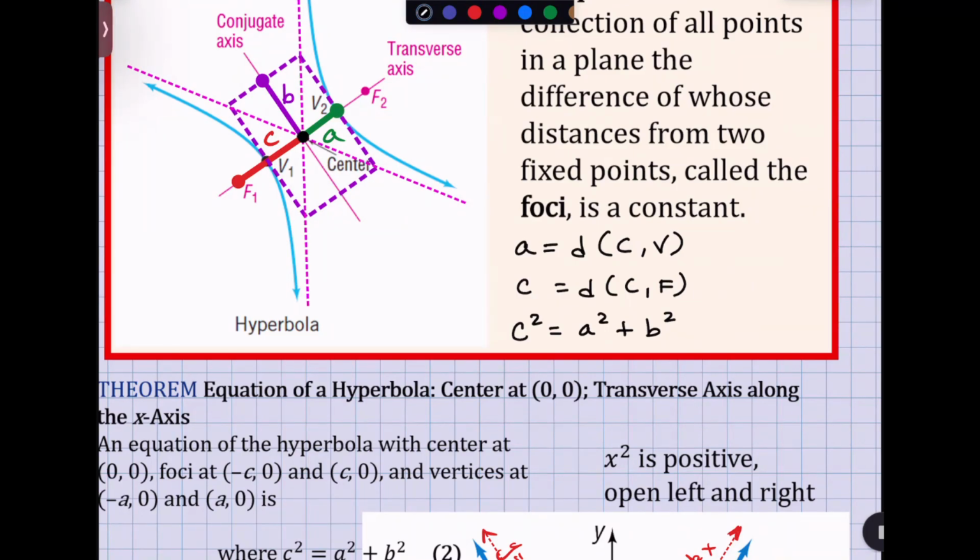With a hyperbola, x is squared, y is squared, but it's going to be a subtraction. Now notice the relationship is addition. So the addition and subtraction got flopped. With the ellipse, the relationship was a squared minus b squared, but the formula is x squared plus y squared. Hyperbola, the relationship is a squared plus b squared, but the formula is x squared minus y squared.